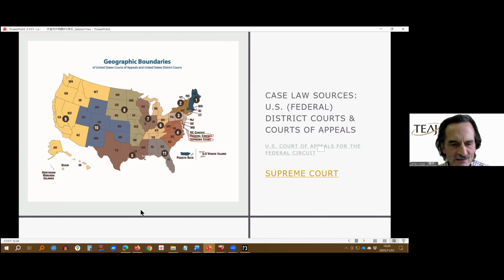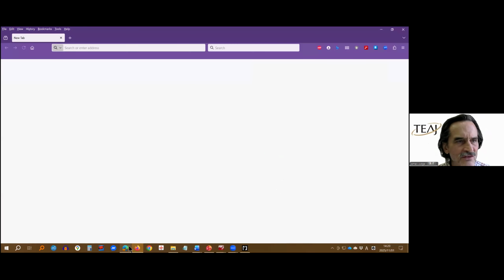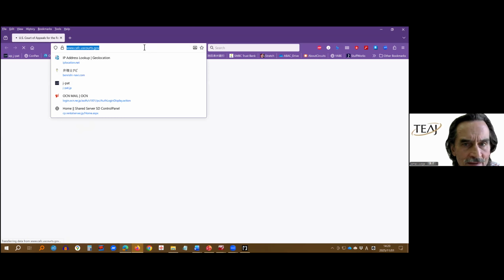You can't really search the case law for free. The public cannot, and there used to be ways to search the Federal Circuit decisions, but it apparently is no longer possible. And so I guess it's not opening. Sorry about that.